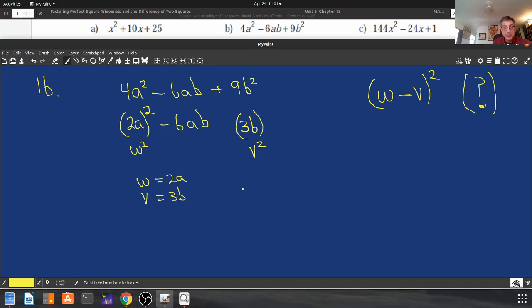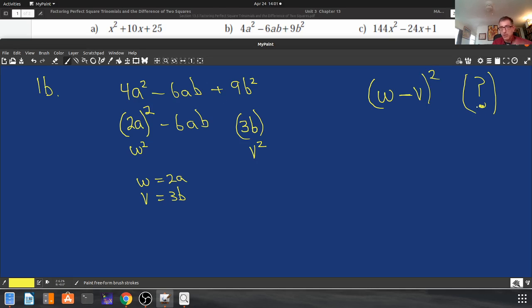So now I have to check. Now, if I could not write my first term, my term of my highest degree, as some polynomial squared, and if I could not write my last term as some polynomial squared, then I'm done. This is not going to work.